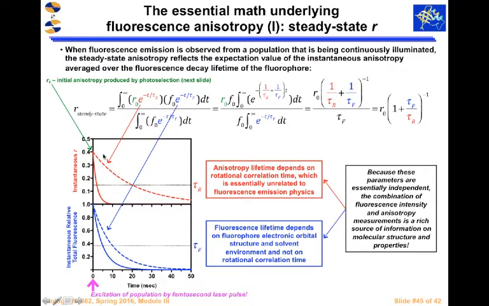Because of that, effectively, it's probably hard to follow these details, but the bottom line is the anisotropy decay rate is described as a single exponential in the rotational diffusion coefficient. That's probably the simplest way to say it. The decay rate of the anisotropy with time follows a simple single exponential in the rotational correlation time.